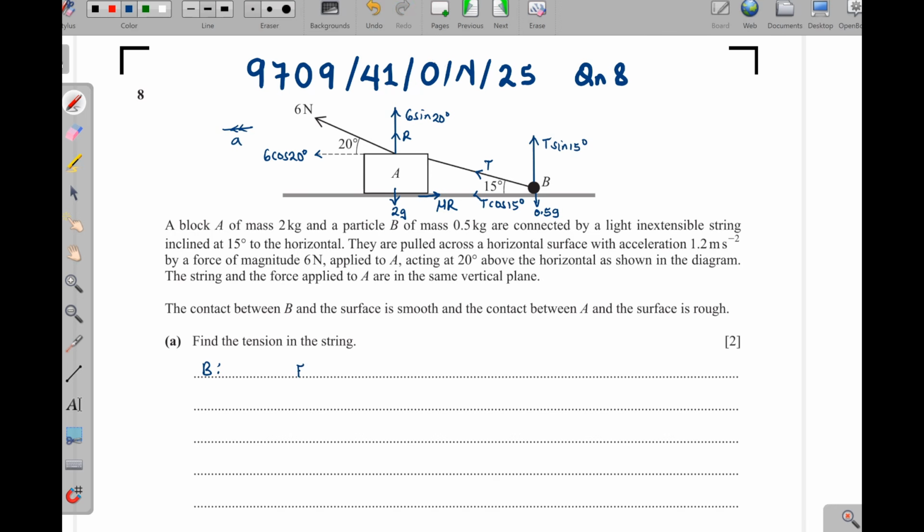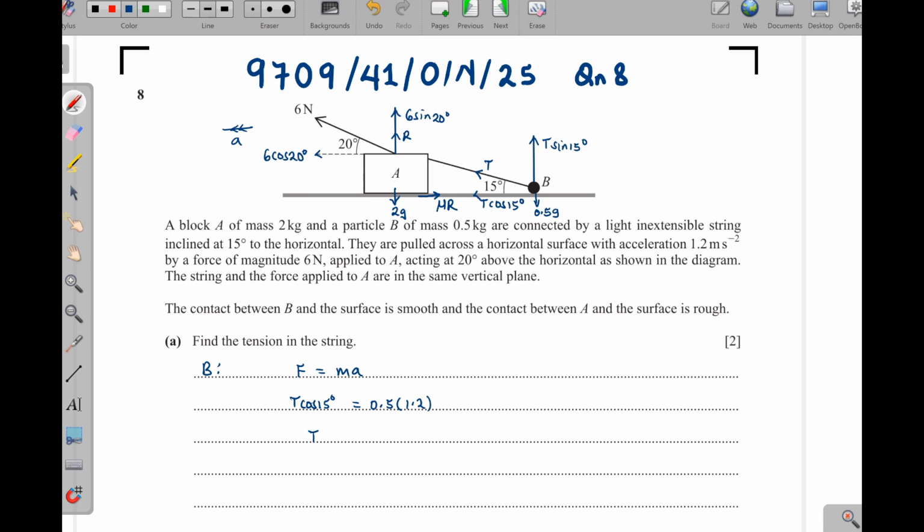Using F equals ma, the movement is here, so we shall have T cosine of 15, that is the force taking this one forward, minus, of course, 0 because we don't have any opposing force here. Clear? Then it is equal to the mass of B, which is given as 0.5, and the acceleration of the system is given by 1.2.